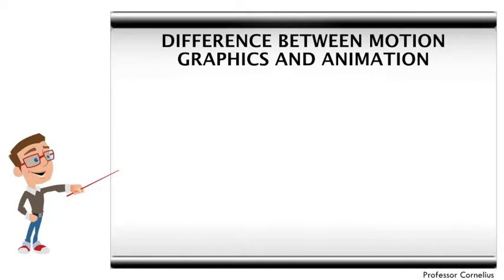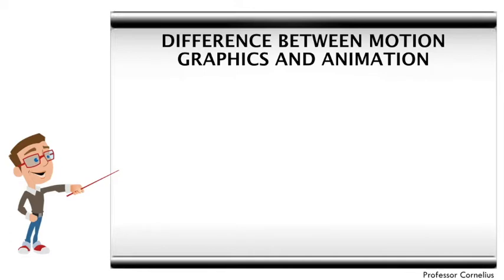Animation is an umbrella term for the whole field of moving imagery, including everything from cartoons to claymation. Motion graphics focus on giving movement to graphic design elements that tend to have less of a particular storytelling aspect than other types of animation.